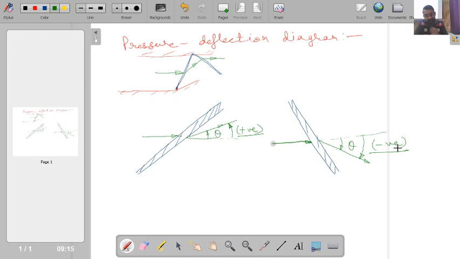Now, the shock wave which results in positive deflection is called a left running shock wave, and the family of shock waves which results in negative deflection we call right running shock waves.